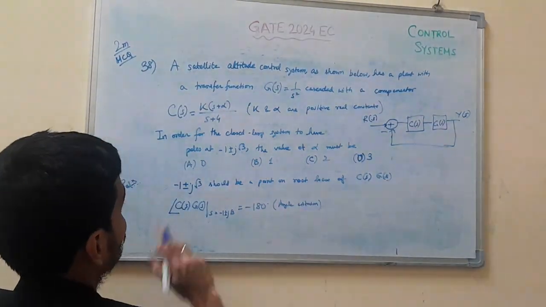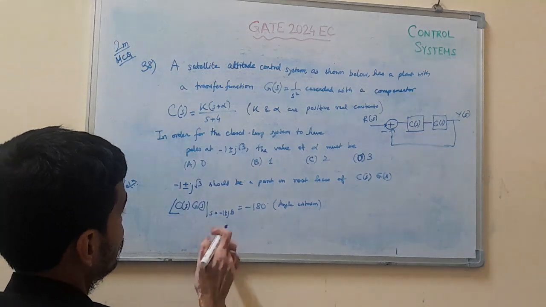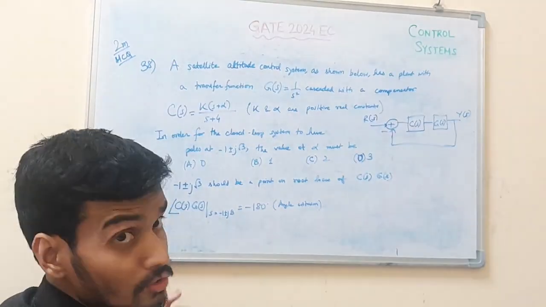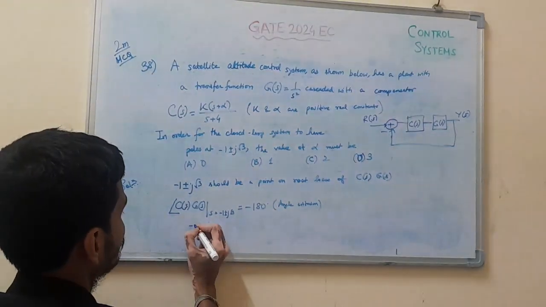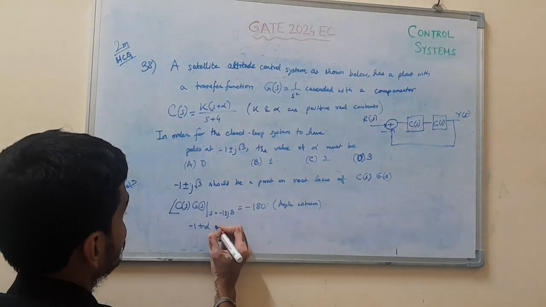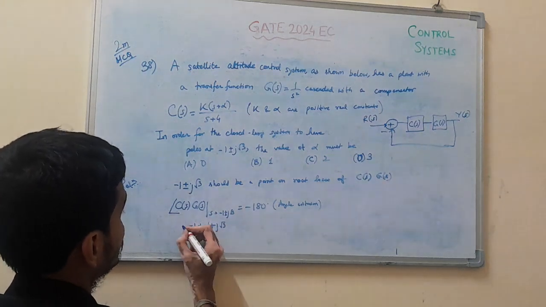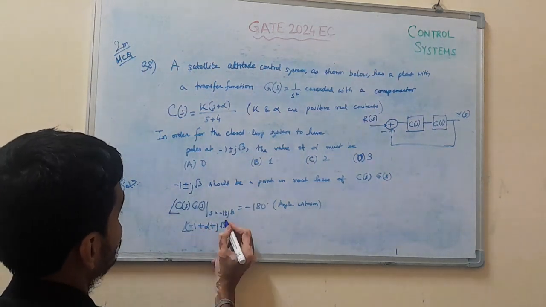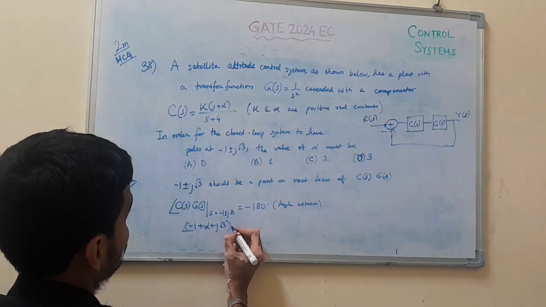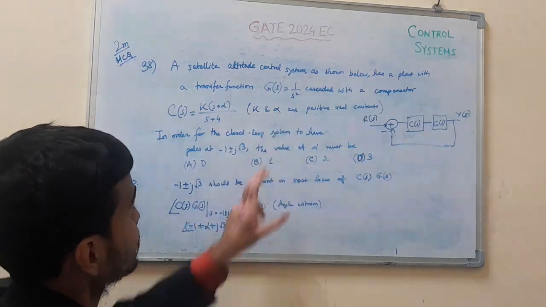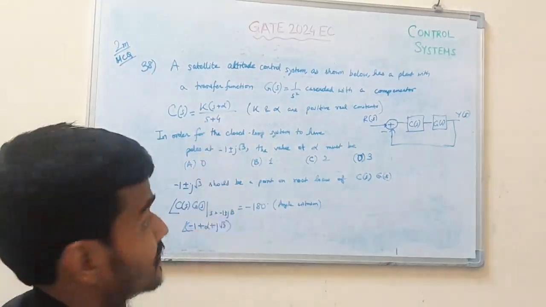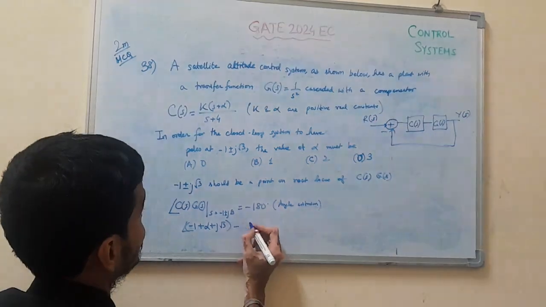Now, let's put s = -1 + j√3. We get the angle of (-1 + α + j√3) minus the angle of (-1 + j√3) whole squared, minus the angle of (-1 + j√3 + 4), equal to -180 degrees. Angles get added when in cascade.